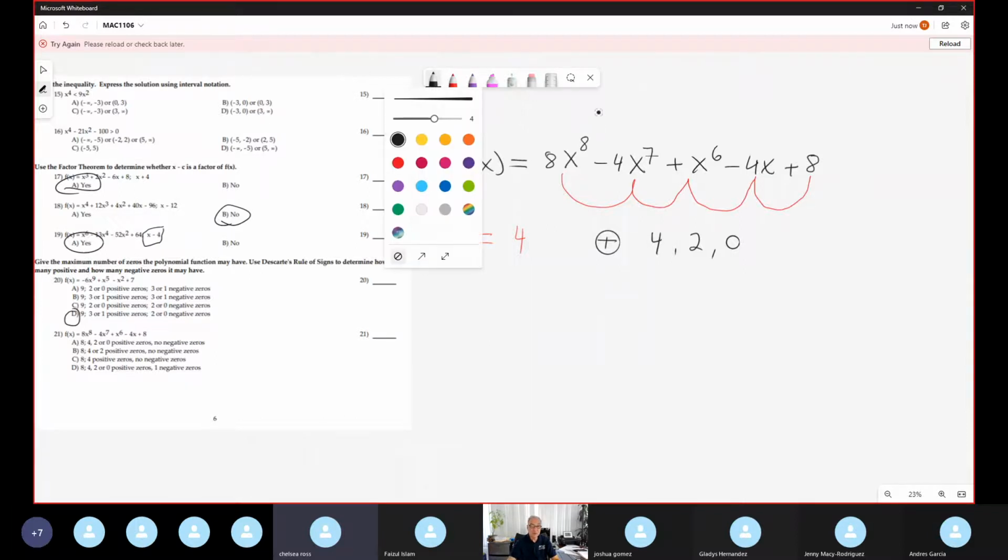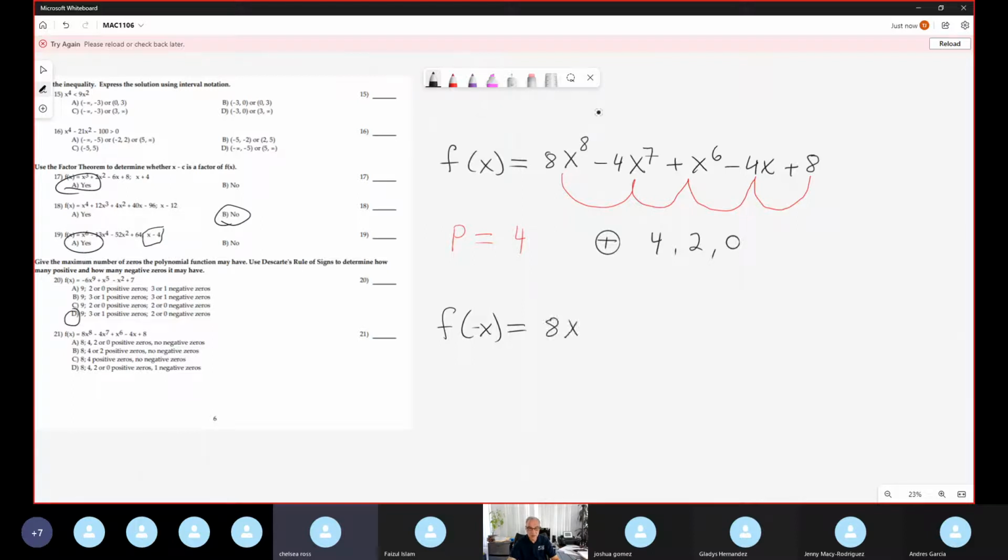Now you make a reflection. Reflection is replacing x with negative x, but the shortcut to see it super clearly is that the even exponents stay the same, but the odd ones change sign. This stays the same, this changes, and this stays the same.